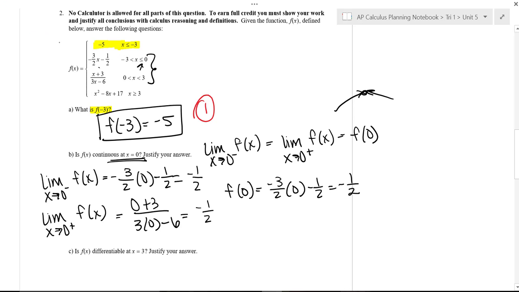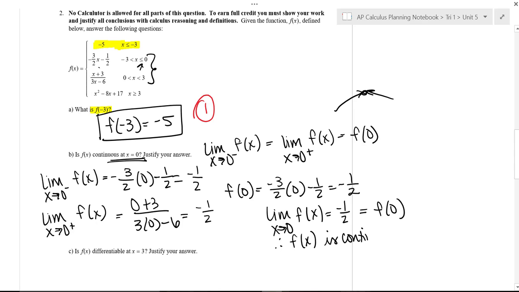I'm going to say the limit as x approaches 0 of f of x equals negative 1/2. This also equals f of 0. So we're going to say, therefore, f of x is continuous at x equals 0.